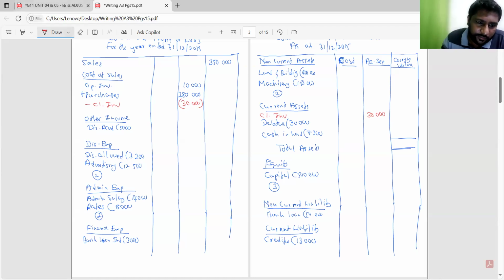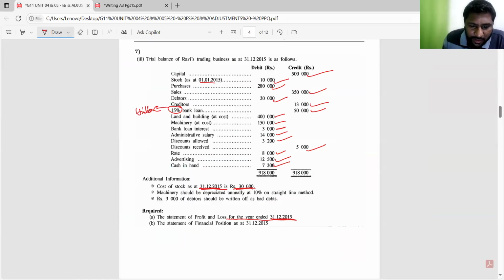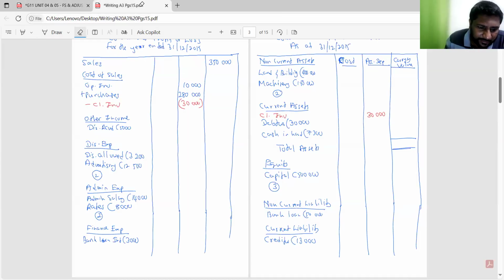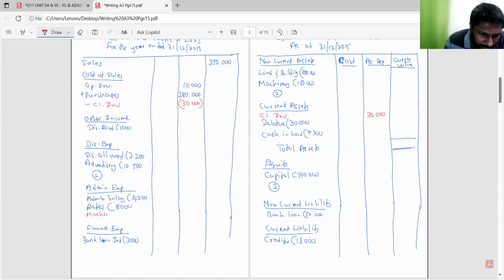Next one. Machine should be depreciated 10%. So how much is the machine value? 150,000 into 10% means 15,000. Machine depreciation is an admin expense. Machine depreciation 15,000.